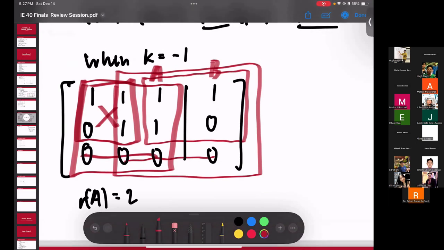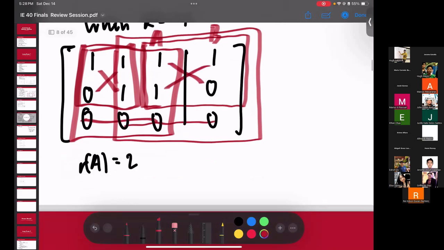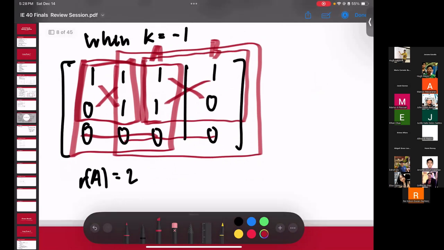In this case, let's pick the upper left. So 1 times 0, 0, minus 1 times 1, just 1. So diagonal method again. And so the determinant of this submatrix is negative 1, which is not 0. And therefore, its rank is 2 because this is a 2 by 2 submatrix.